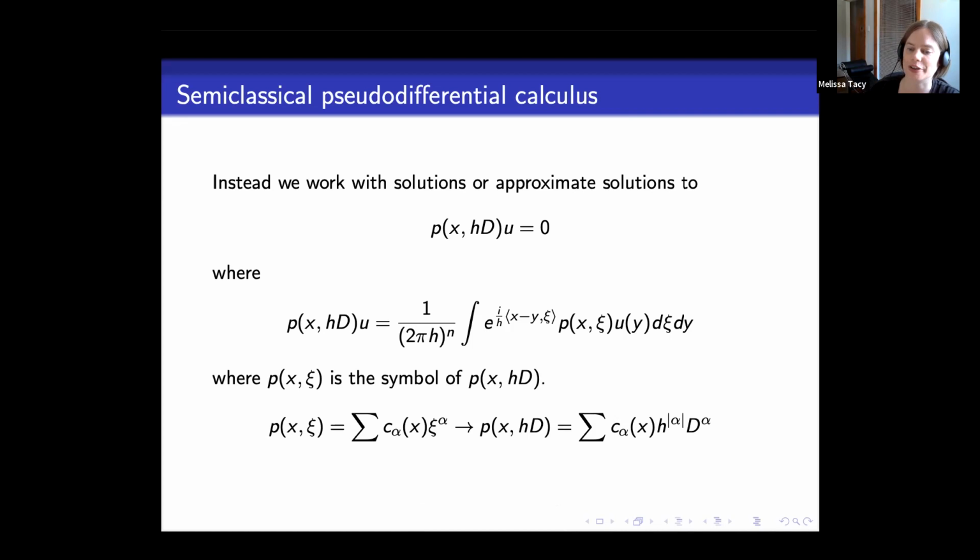It'll be a small value that has some kind of significance in your problem. It's called semiclassical because it came out of quantum theory, and in that case, h is related to the Planck scale or the energy of the system, but it could be other things. So h you should think of as some kind of important parameter in the problem.